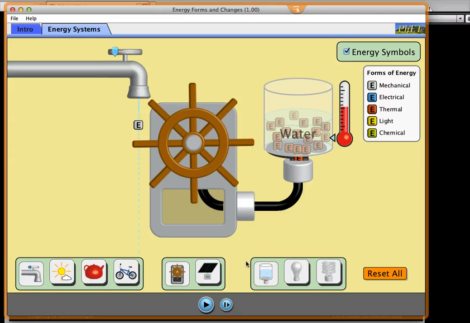Okay, very good. Now, let's do a little bit of a change. Let us now define our system as this water alone. Okay, only this water. Alright? If we take this water, what is the work done on the water?